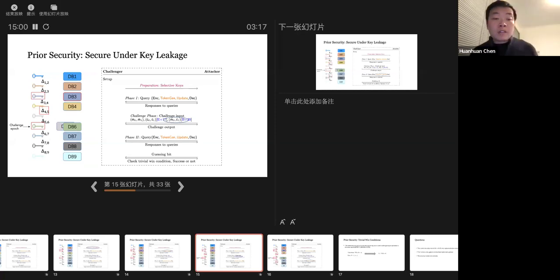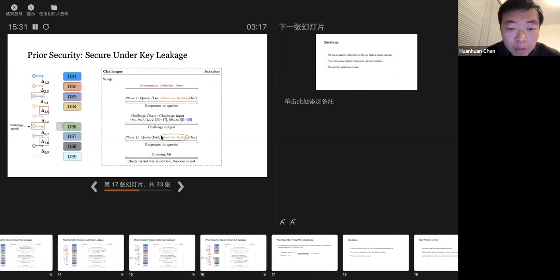For example, in some social apps, the attacker can distinguish if it's a new user or a user that has already used the app for a long time, and this notion has been proved to be stronger than the previous two. And after the challenge phase, the adversary can also query those algorithms.